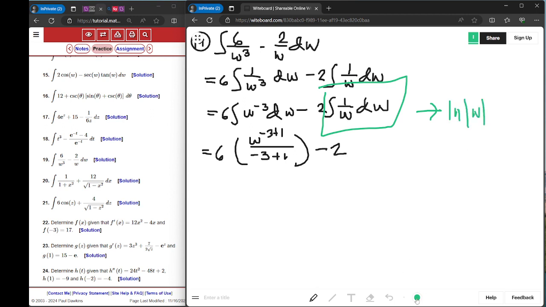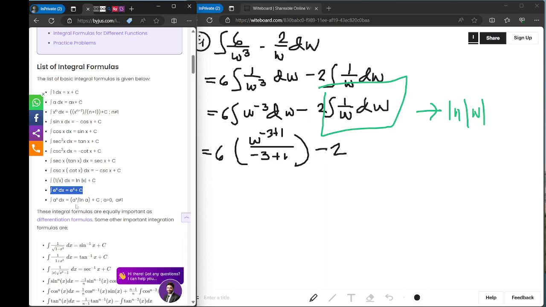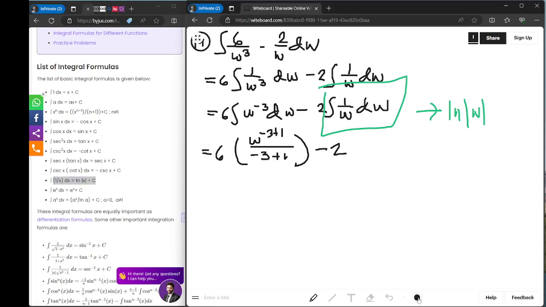We should not forget that if the given is 1 over a variable with a power of 1, it's actually the natural logarithm. So this is 2 times ln of w, and for indefinite integrals, do not forget plus c.